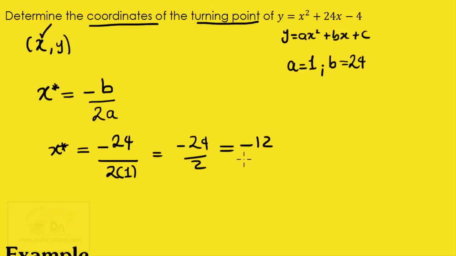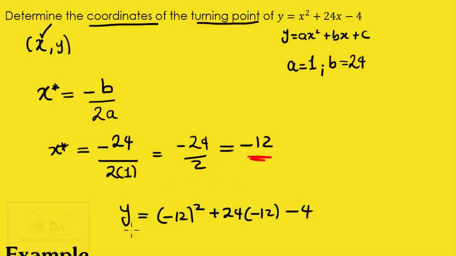We have the x coordinate, minus 12. To determine the y value, you just replace x with minus 12 in the equation. So let's do that. Y equals, instead of x, we have minus 12 squared plus 24 times, instead of x, we have minus 12 minus 4, which simplifies to give y is equal to what's minus 12 squared?